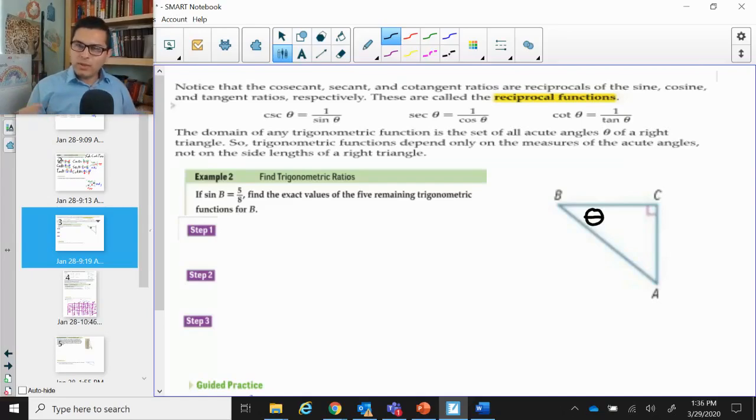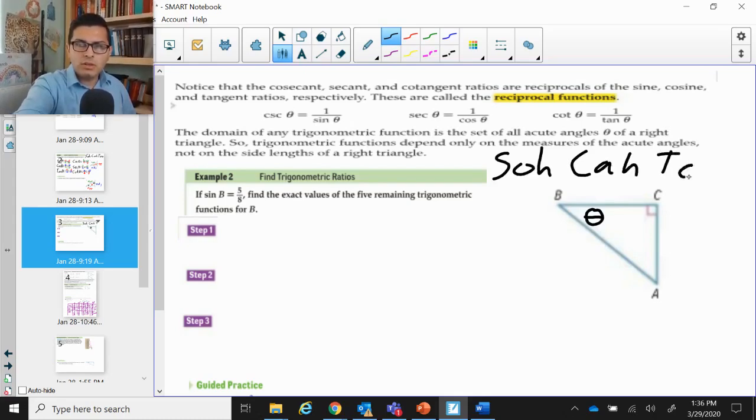Now, what else does this mean for us? Well, if we remember from our SOHCAHTOA, see how this keeps on coming in handy? Sine is opposite over hypotenuse.